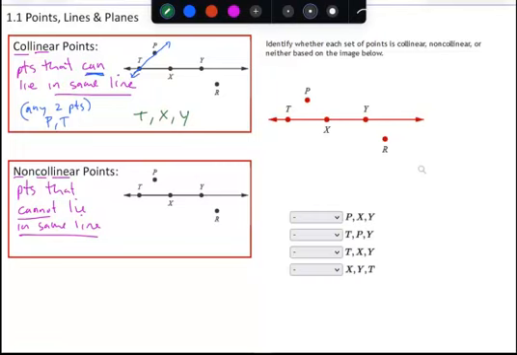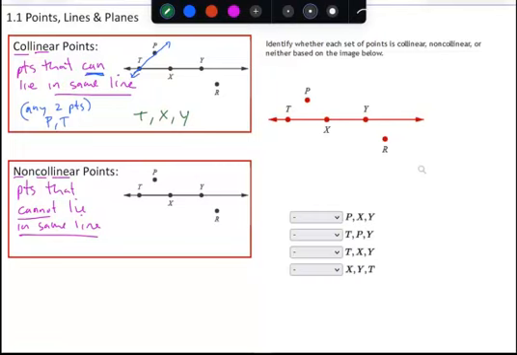So read the question carefully. Sometimes it might say which of these is a set of 3 or set of 4 collinear points. If it has a list with only 3 in it, even if they are collinear, it's not that set of 4. So just make sure you're careful with that.